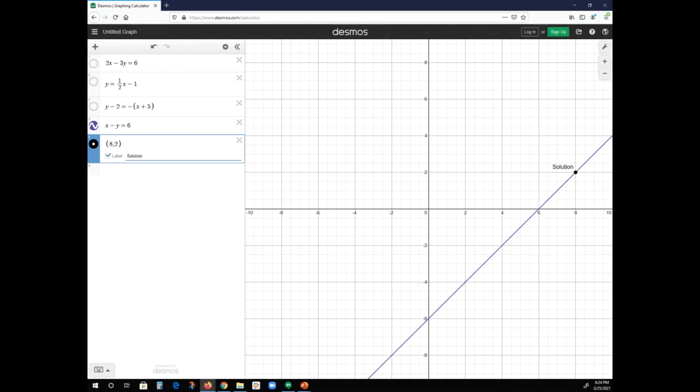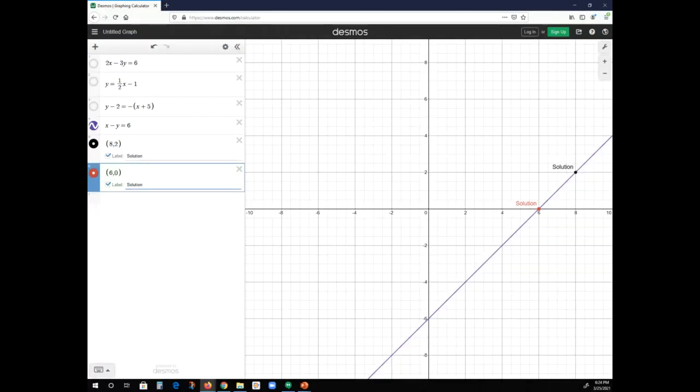I could name it solution. Now we solved and we found 6, 0. So I can do that and you see, okay, that's on our line. That is a solution. So I can call it a solution. Anything on this graph is on the line.